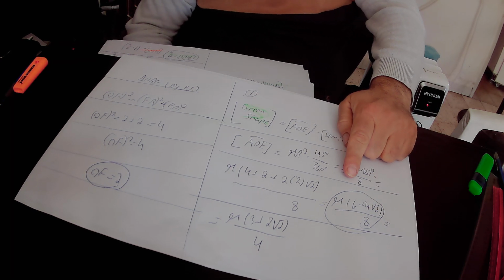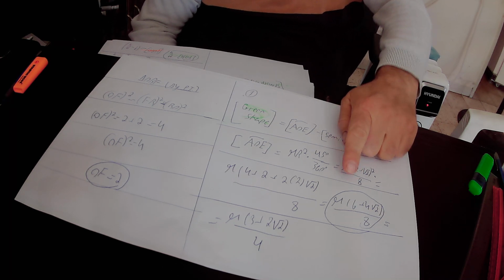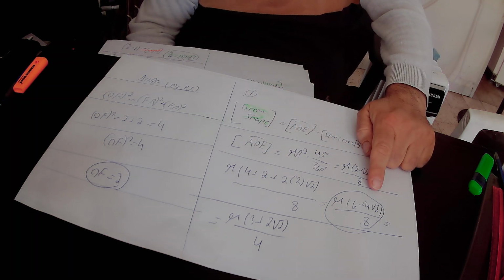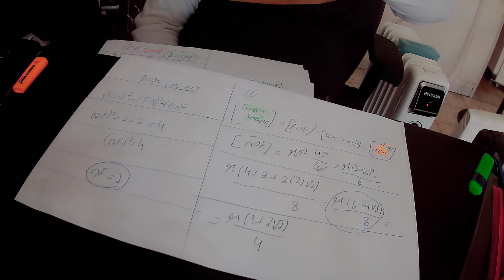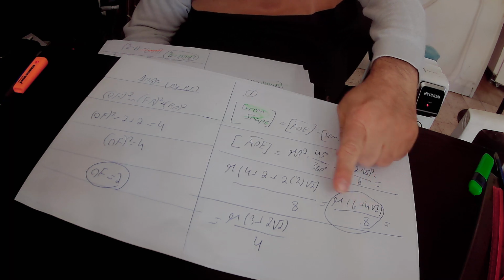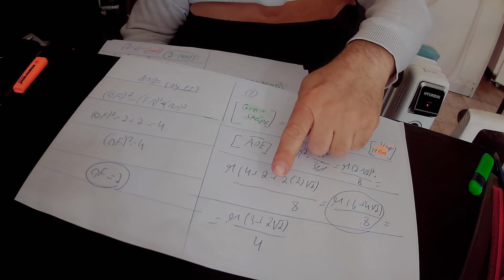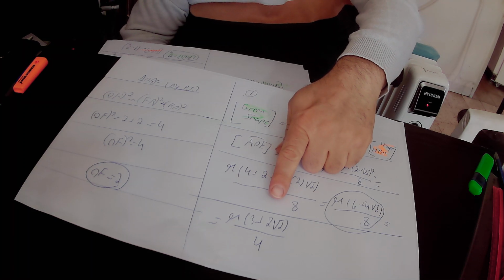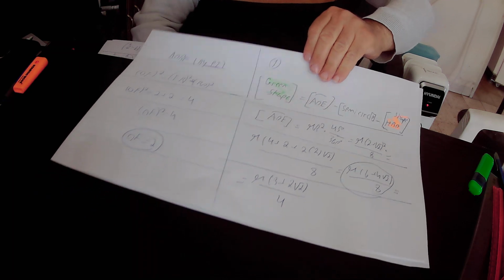In the numerator we have pi, and inside the brackets 6 over 2 is 3, plus 4 times square root of 2 over 2 is 2 times square root of 2. And 8 over 2 is 4. So in conclusion, the area of the green sector AOE equals pi times (3 plus 2 times square root of 2) over 4 square units.